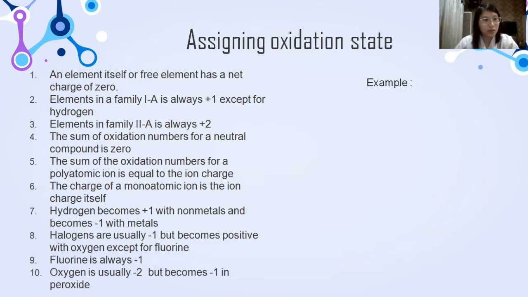Next is point 4, the sum of oxidation numbers for a neutral compound is 0. Example in potassium bromide, since it is a neutral compound, then the charge of bromide will be -1 because potassium will be +1.